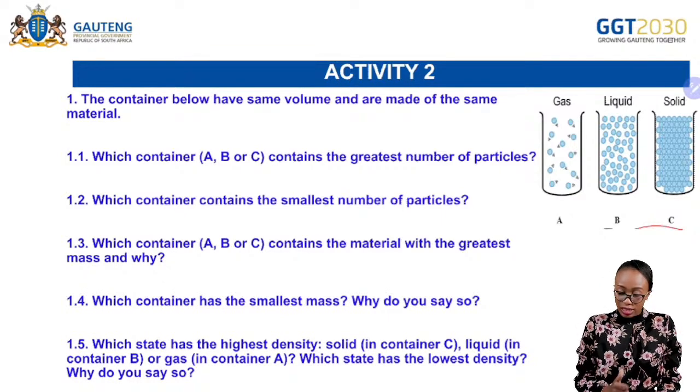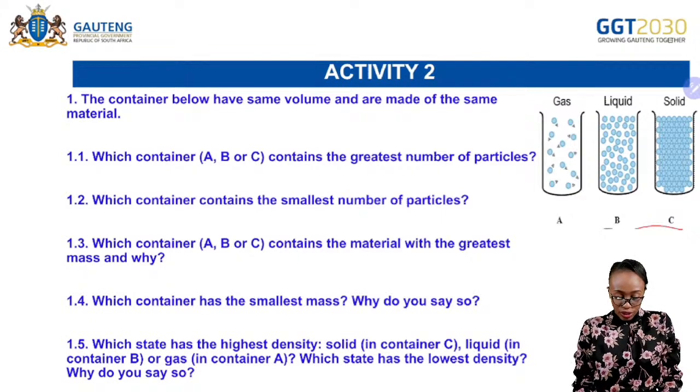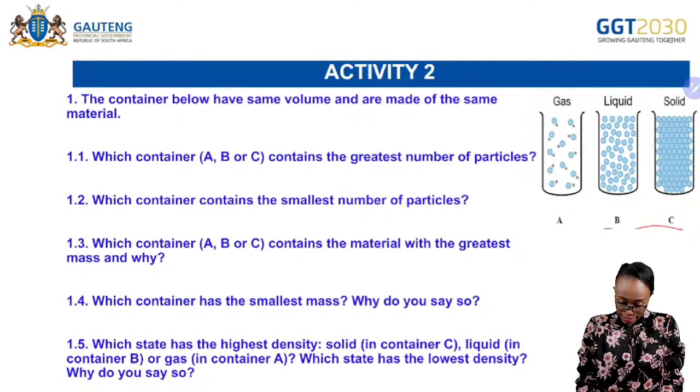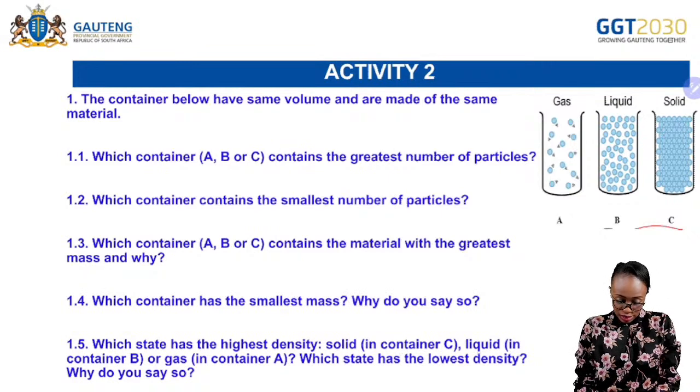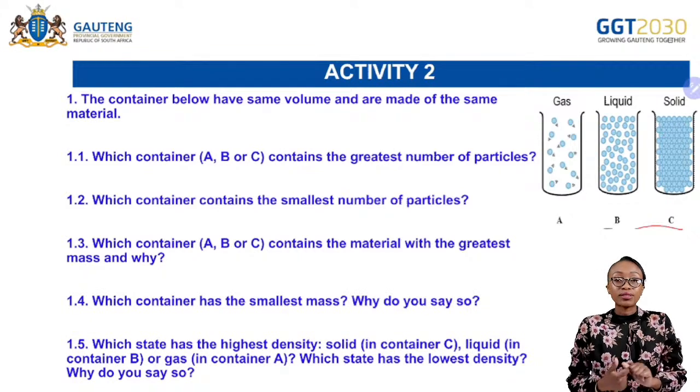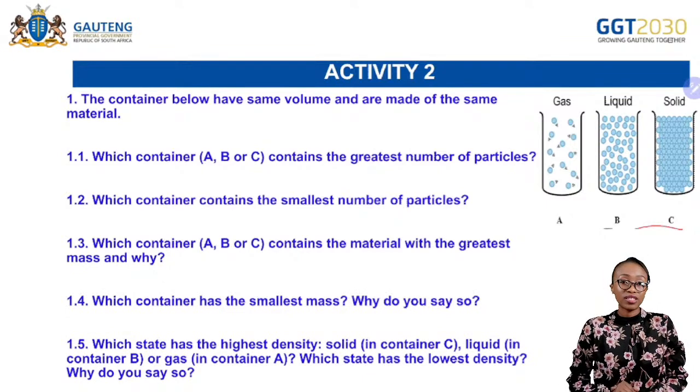Is it the solid in container C, the liquid in container B, or the gas in container A? And also state which has the lowest density and why you say so. So you're going to state which one has the highest density, which one has the lowest density, and why you say so. I'm going to give you 5 minutes to complete this activity.